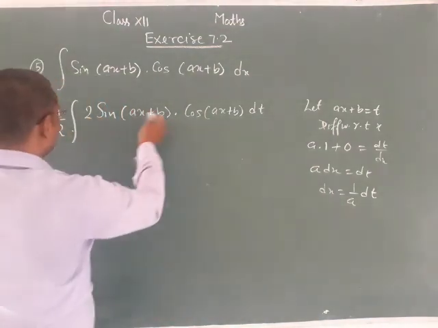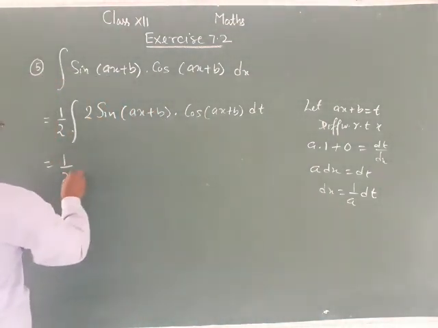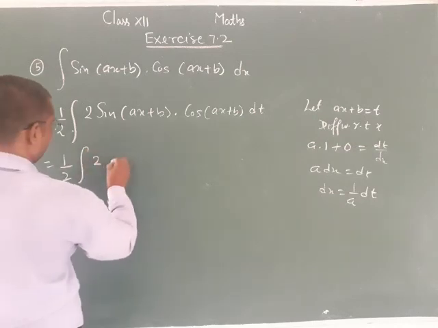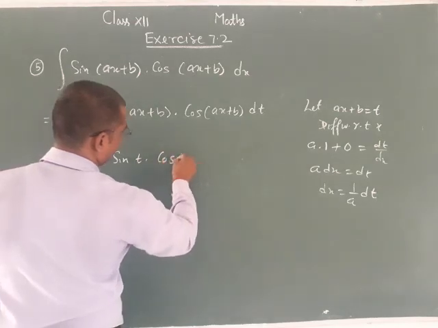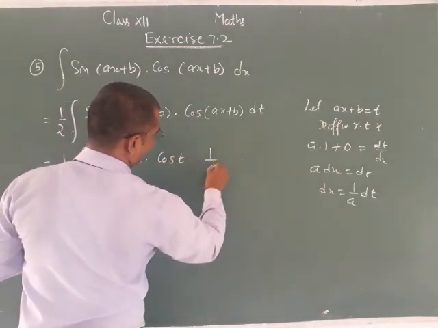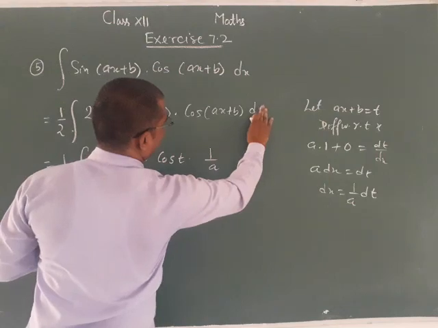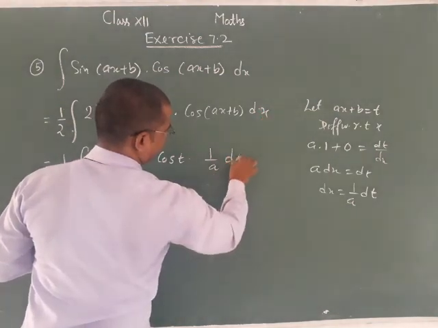So now here we have 1 upon 2, integration of 2 sin t cos t, and 1 upon a dt.